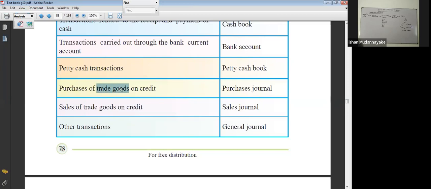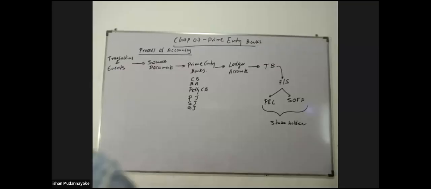Now, please highlight trade goods. Trade goods means what? Trade goods means inventory or stocks purchased with resale purpose. Please highlight trade goods, and under this one write down trade stock.